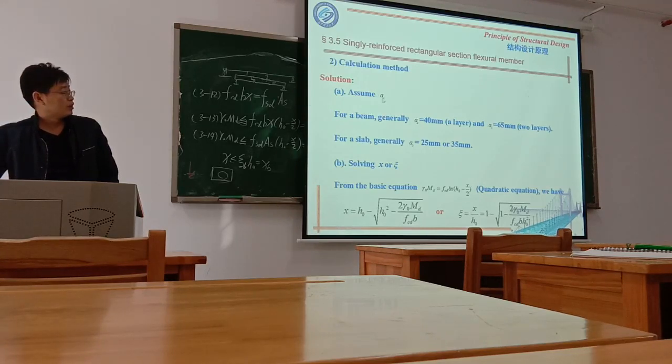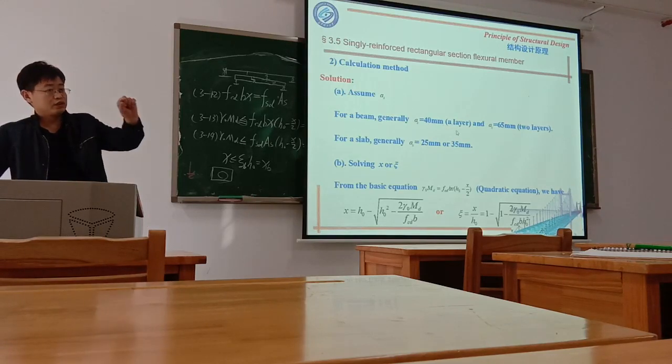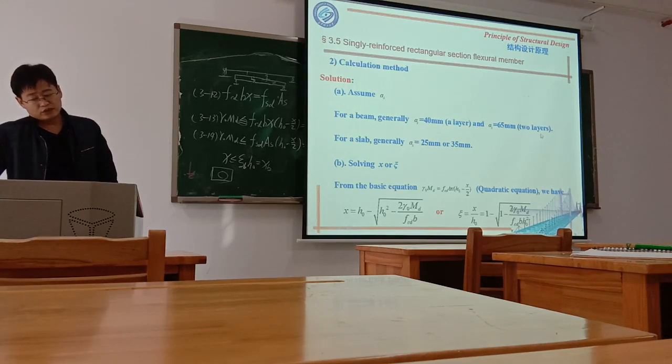This is mainly according to your experience. For a beam, generally AS equals 40 millimeters for one layer of reinforcement, or if it's two layers, it's 65 millimeters, something like this.